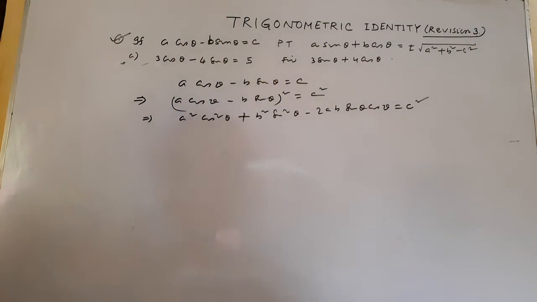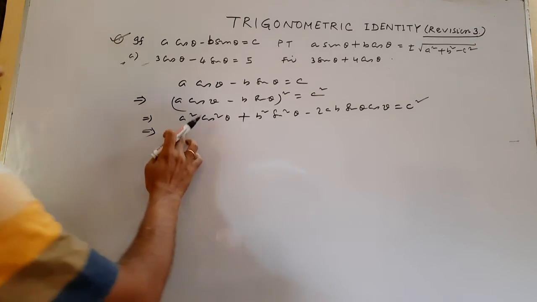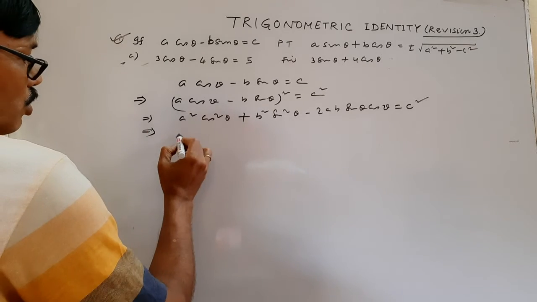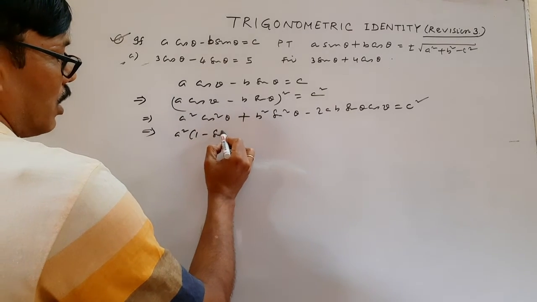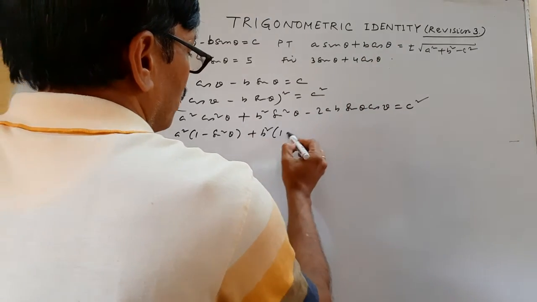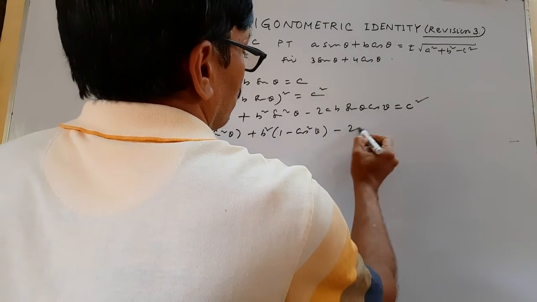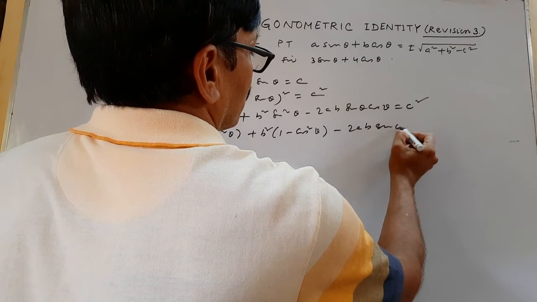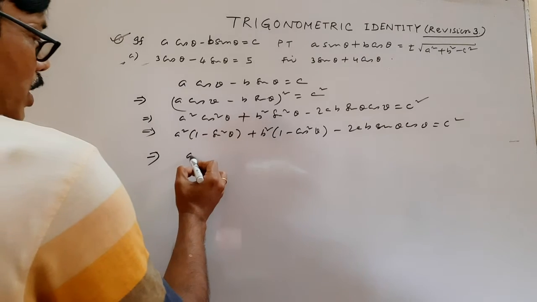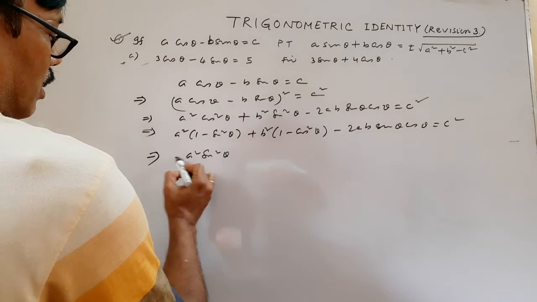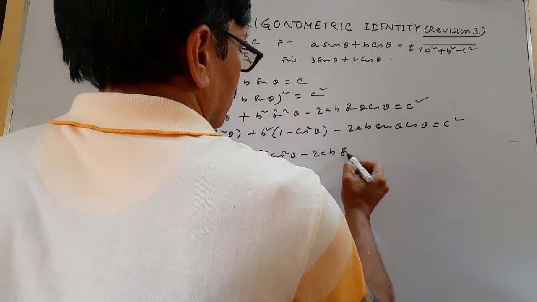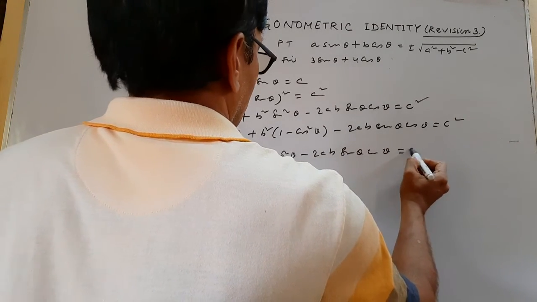In terms of sin theta, the coefficient is A. So this is 1 minus sin square theta. B square into 1 minus cos square theta, minus 2AB sin theta cos theta equals C square. So A square sin square theta, minus B square cos square theta, 2AB sin theta cos theta, C square.